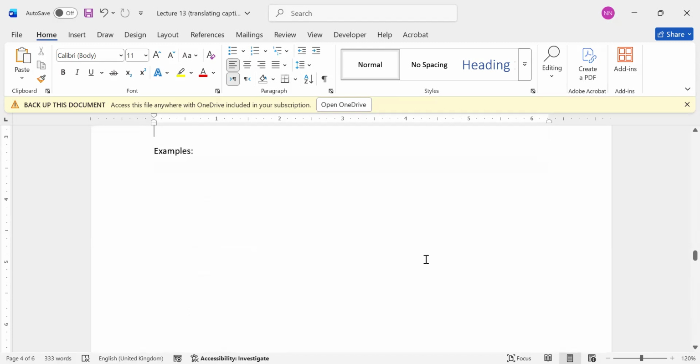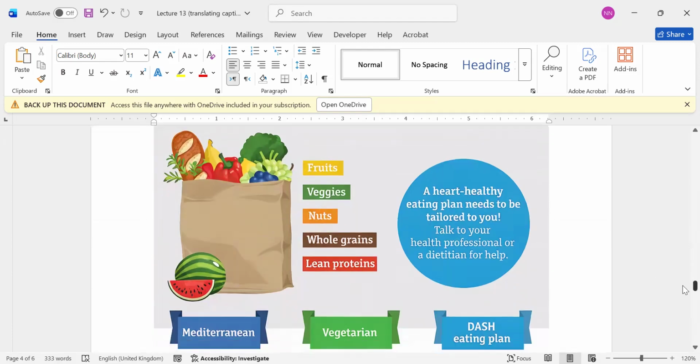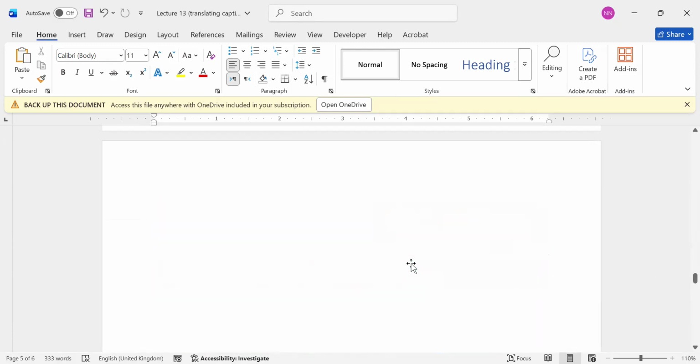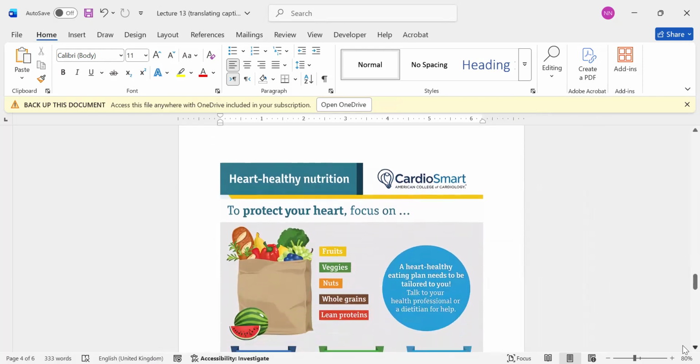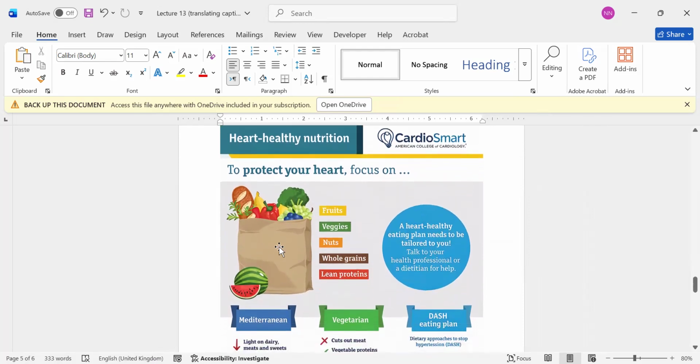Let's look at this infograph right here. Okay. So heart healthy nutrition to protect your heart, focus on. As you can notice, we have the pictures and the design is made in a way to help the reader. Let's say it highlights information in shapes, squares, circles, uses pictures, it uses colors.